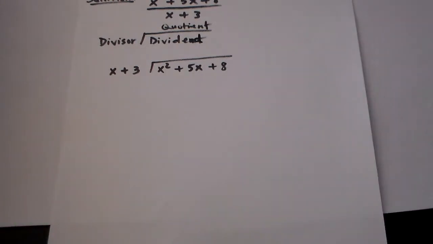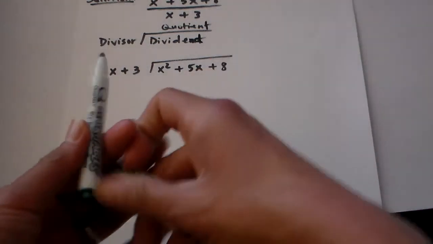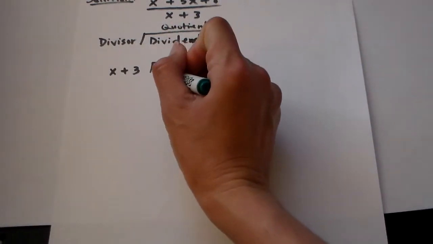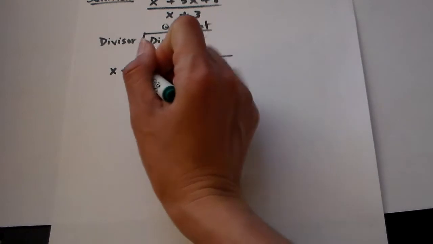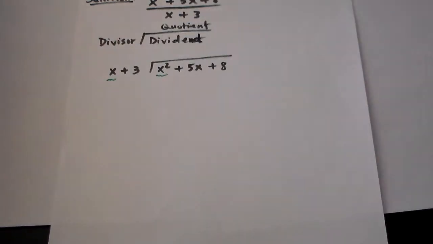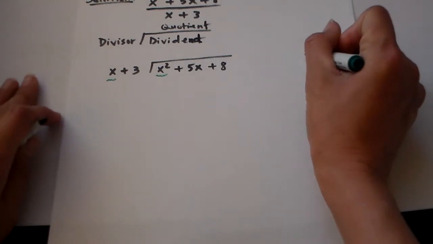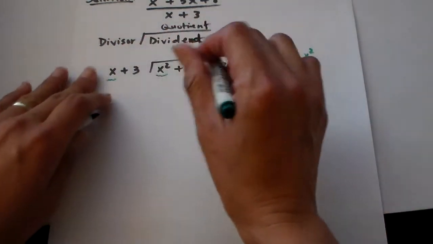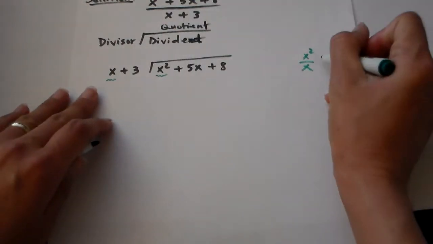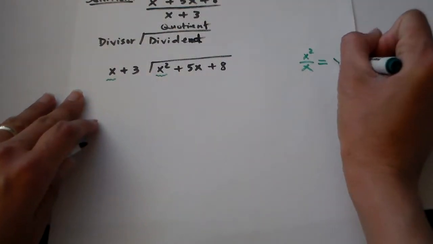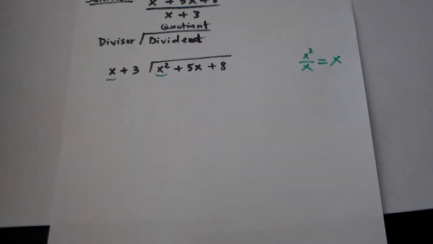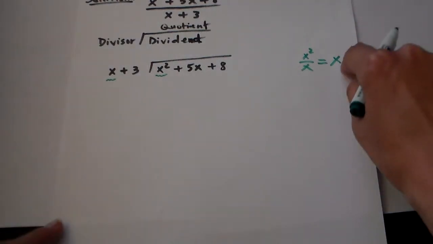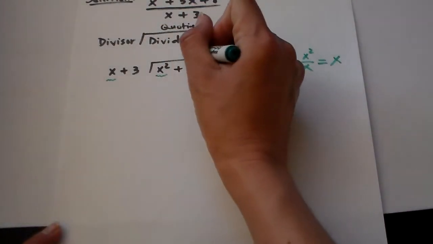So now, to perform the division, you take the first term in the dividend, divide by the first term in the divisor. So x squared divided by x equals x. Once you got this x, put it on top.